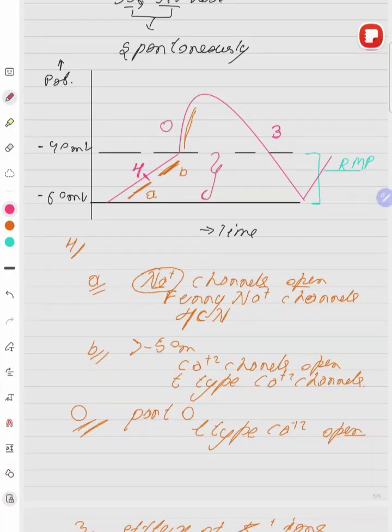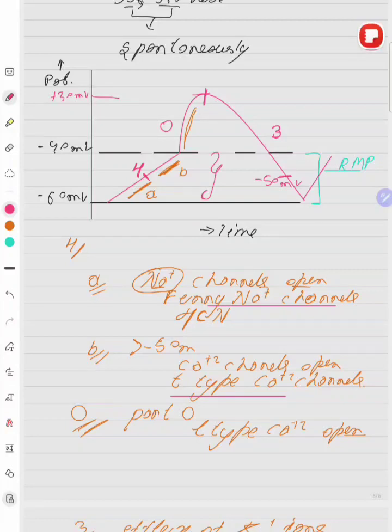And while reaching towards the end of phase 0, the T-type calcium channels and also funny sodium channels tend to close. Therefore, depolarization stops, whereas the continuous efflux of potassium ions takes the upper hand and therefore repolarizes the cell again. When the potential reaches around minus 50 millivolts, oh, I forgot to mention the potential here would be around plus 30 millivolts.